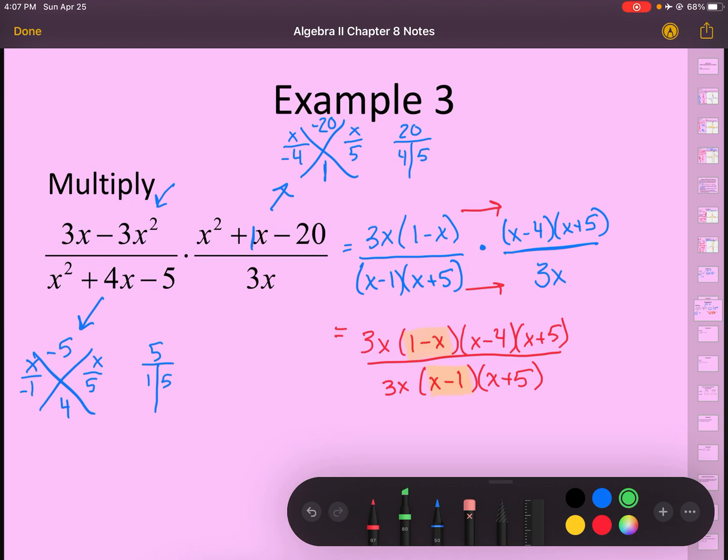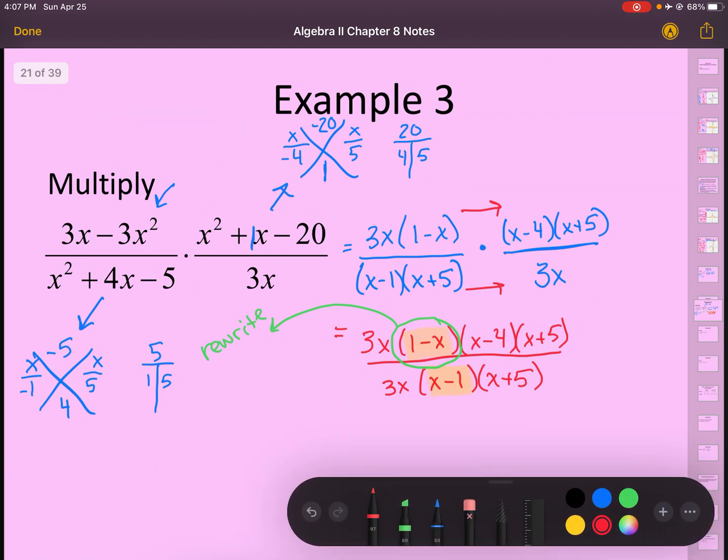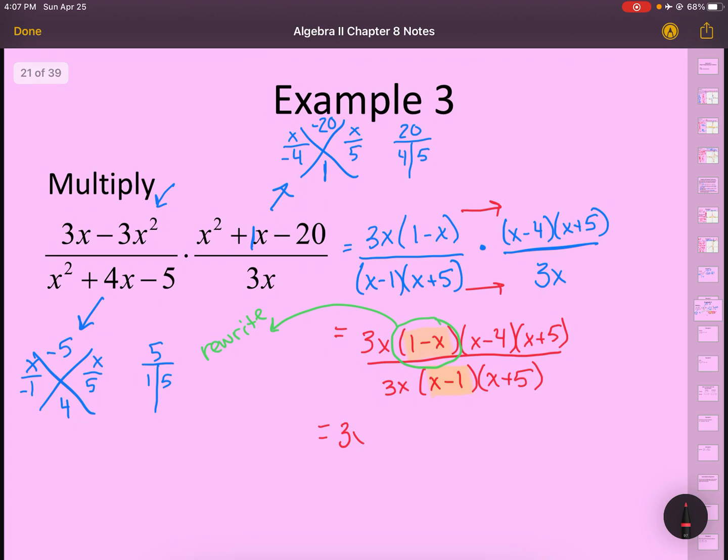Okay, so what I'm going to do is pull the numerator out a second. I'm going to rewrite it to make it look like x minus 1. And how I could do that is pull a negative 1 out of it. So this will be 3x, and I'm pulling a negative 1 out to make it x minus 1.